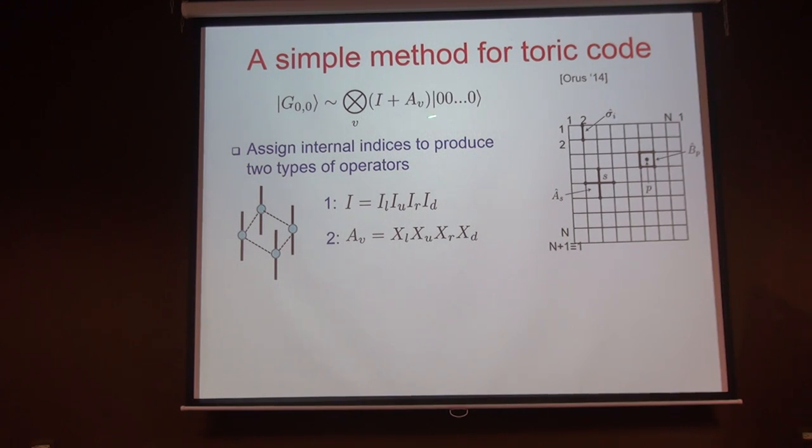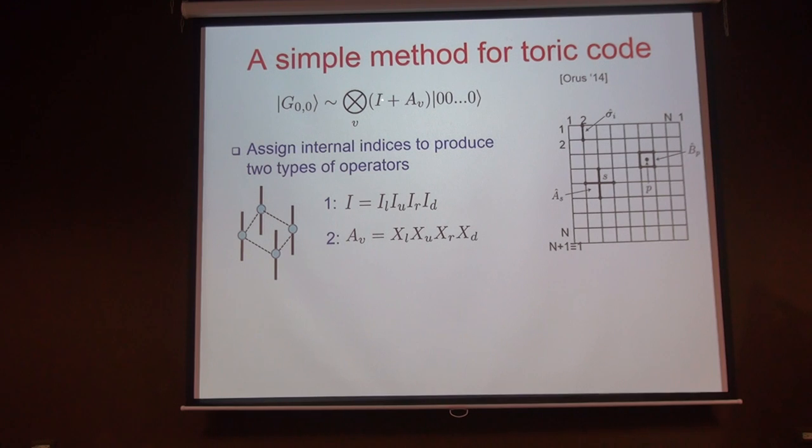Our wave function, this particular one, is a sum of the group elements applying to the all-zero product state. If you simply ignore these constraints that the product of A becomes 1, because you're not interested in the normalization, you could just write it as a product of these. There are two types of operator.